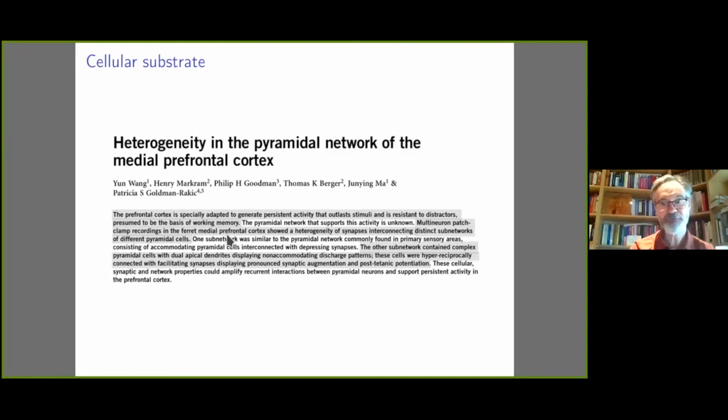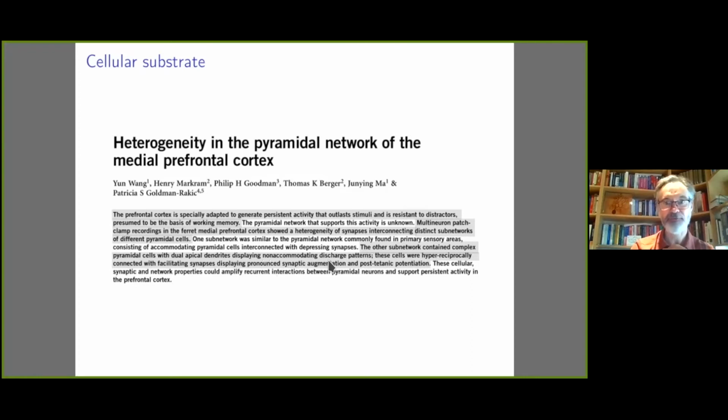And what they find are subnetworks of specific pyramidal cells. So pyramidal cells are the excitatory cells that you have in the cortex. They represent roughly 80% of the cells in the cortex. And so you have subnetworks of pyramidal cells that are hyper reciprocally connected and whose synapses display a pronounced augmentation.